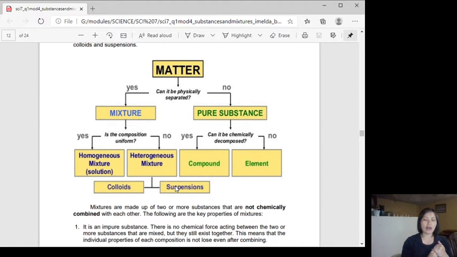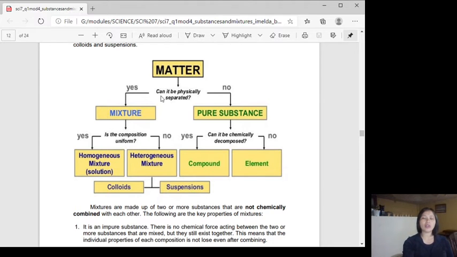So that is a characteristic of a colloid. On the other hand, for suspensions, there are still parts that are suspended at the bottom. For example, you have the water and clay. The water will turn muddy. However, clay will still be suspended at the bottom of the container or the jar, for example. That is the difference between colloids and suspensions.